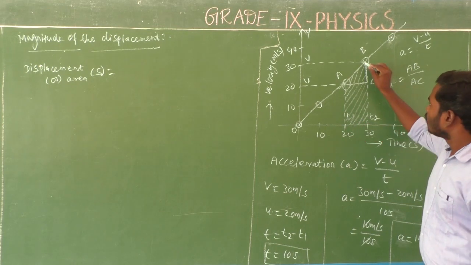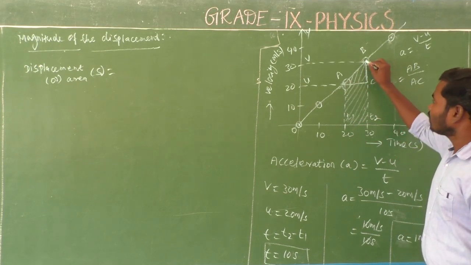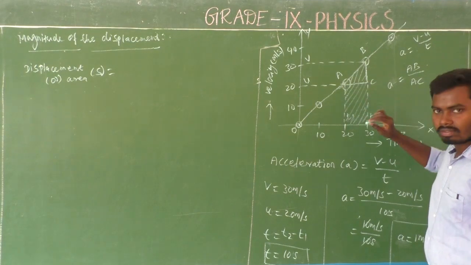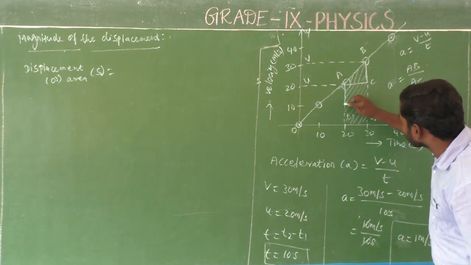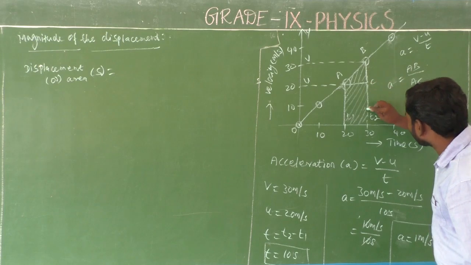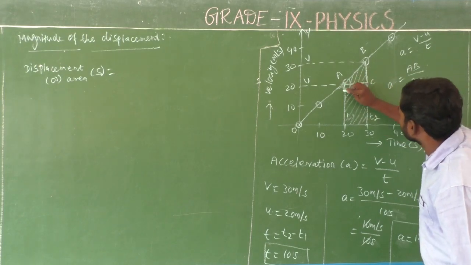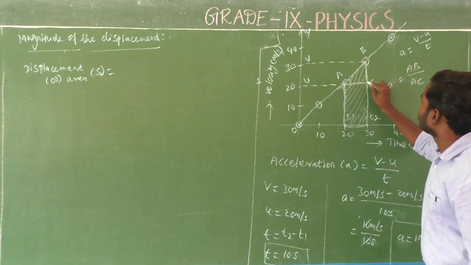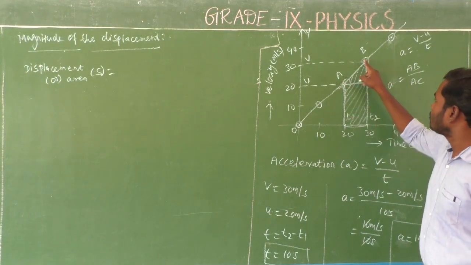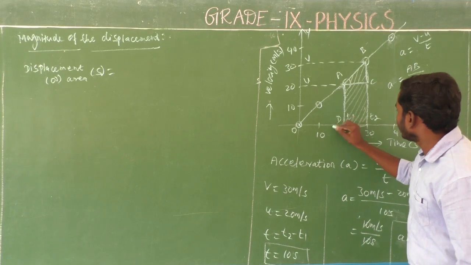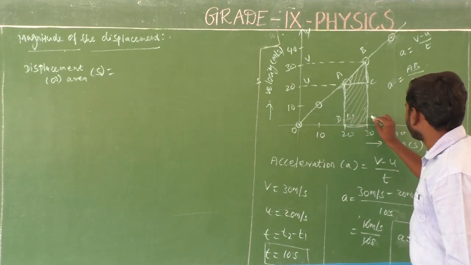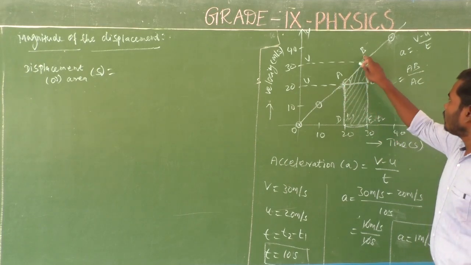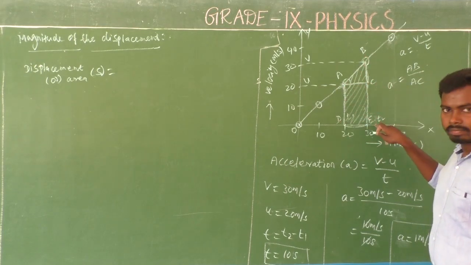What are the measurements, sir? That is one triangle and one rectangle. Can you see clearly? One triangle and one rectangle. This is rectangle and this is triangle. I am going to give names: this is A, B, C, and this is D, and this one E. A, B, C, D, E. Is it clear?